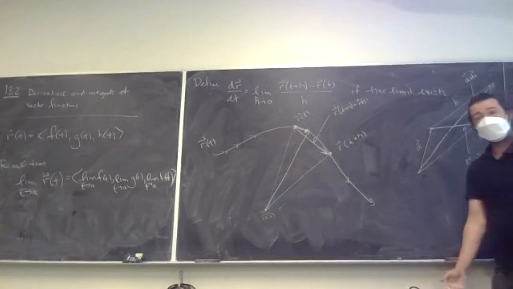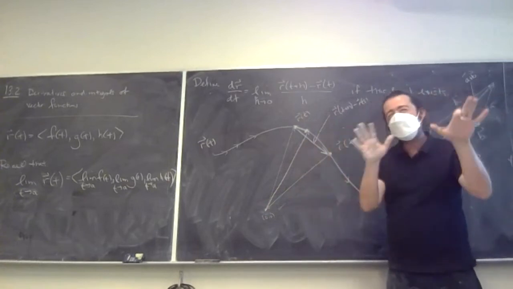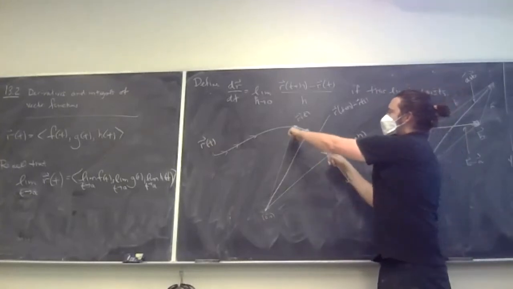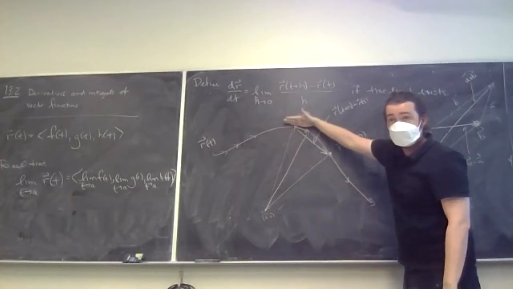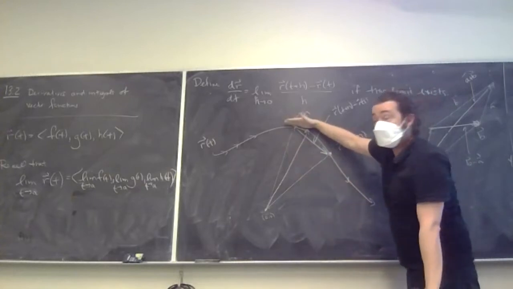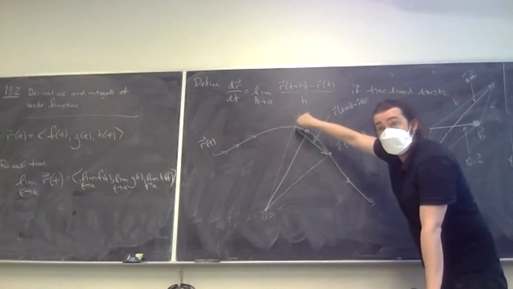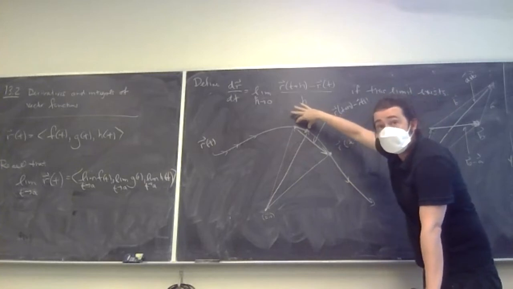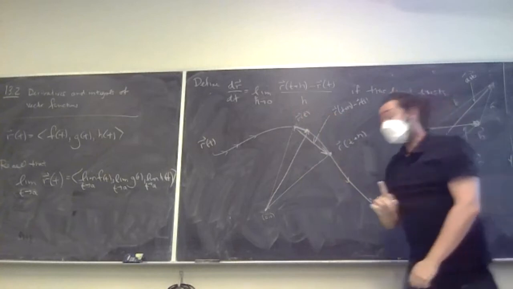You're going to get a tangent vector out the other side. These are like secants. Ultimately, these vectors are going to end up pointing in the same direction as the tangent to this line. The vectors, in some sense, are measuring what direction a particle is moving at this point right here. So the vector that you get out of the limit is the tangent vector to the curve. But it's more than that.